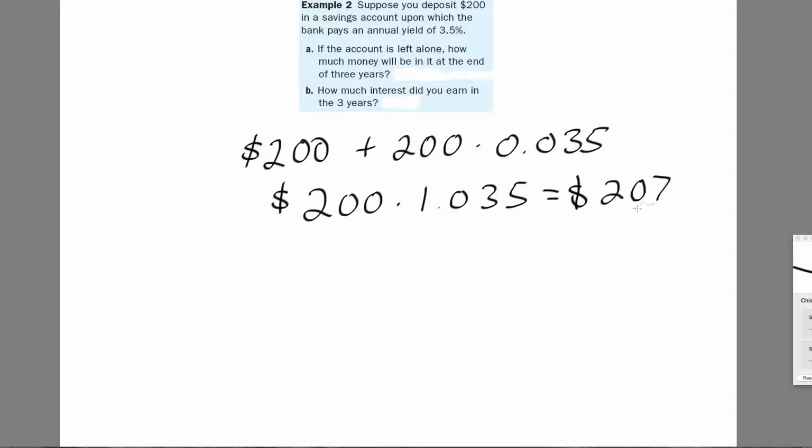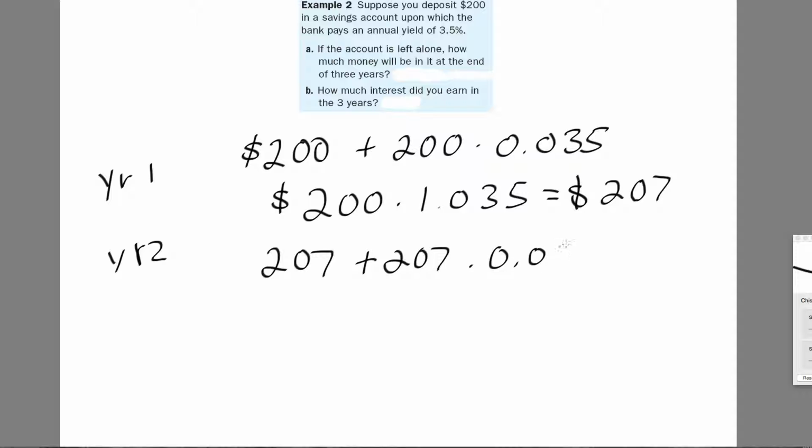Well, in year 2, so this is year 1, year 2 we have $207 plus 207 times 0.035, and that again is 207 times 1.035, and that equals $214.25.